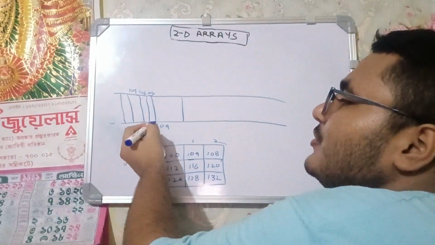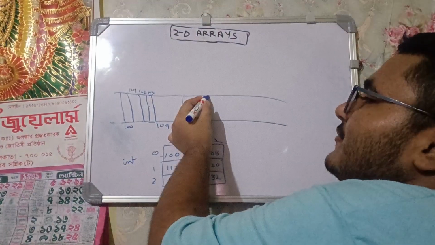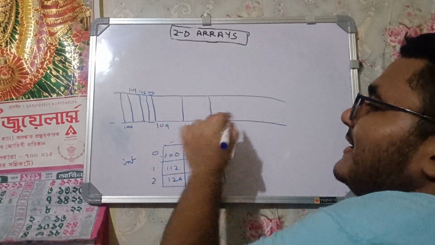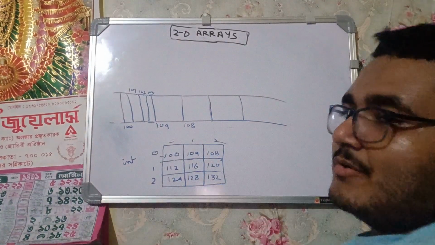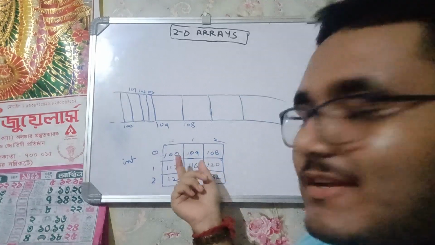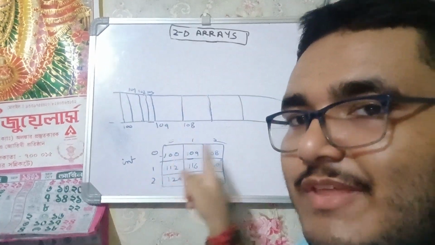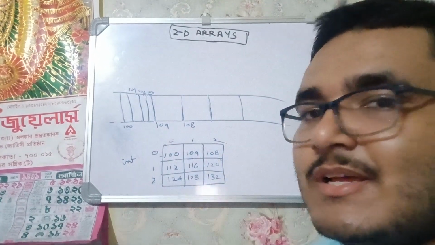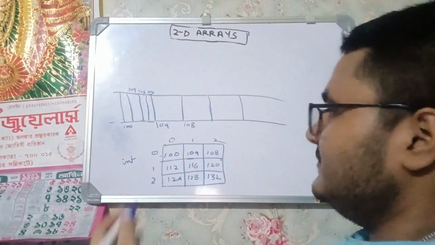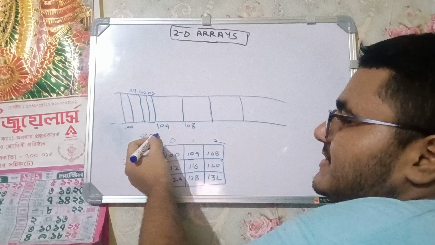Similarly for all the blocks. So every block is going to take 4 bytes, right? So 104, then this is going to start from 108 and so on. So see, row major means row wise, in a particular row the values are increasing, right? This is called row major representation.